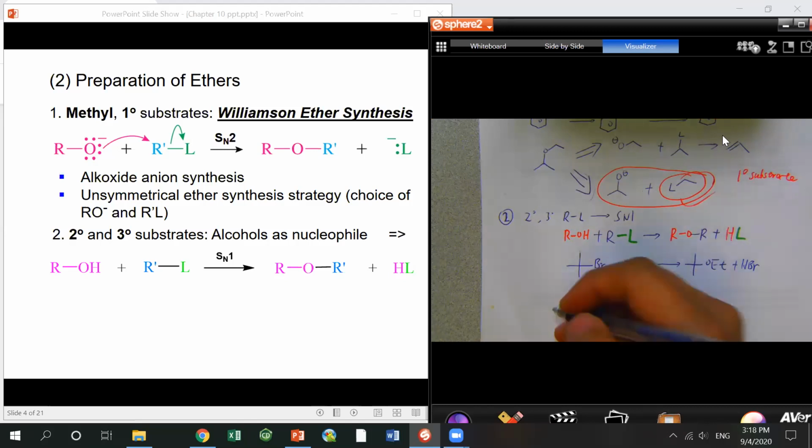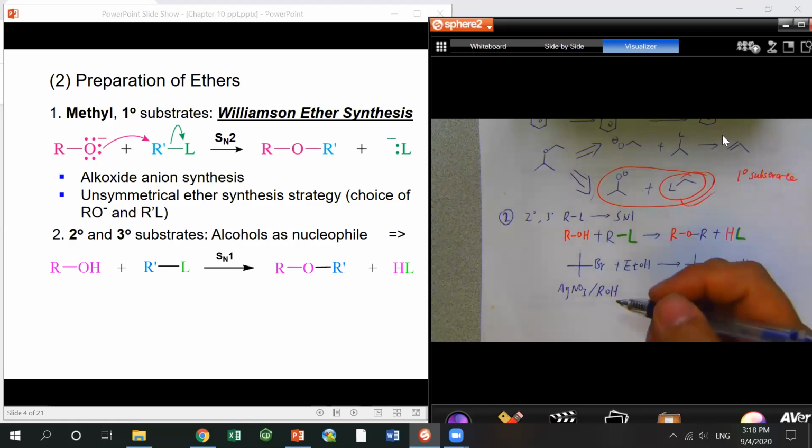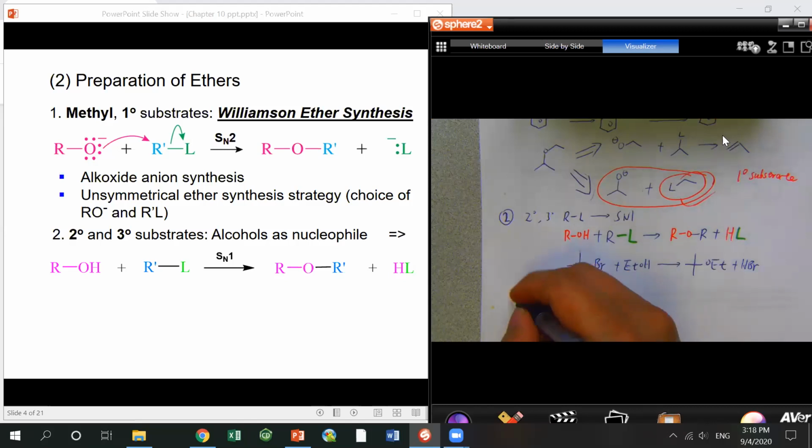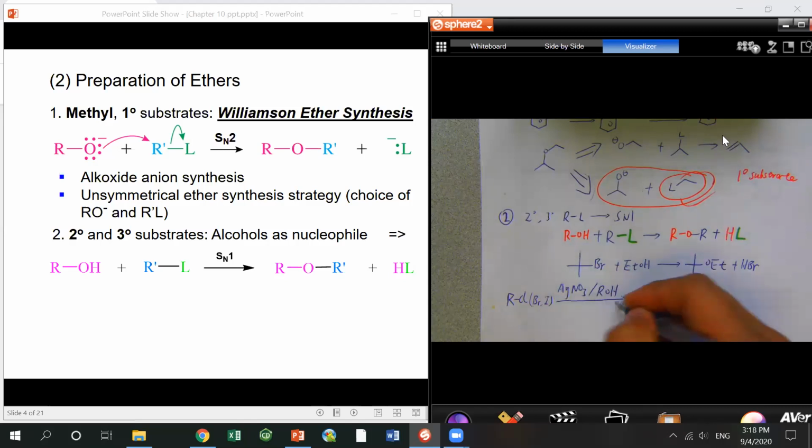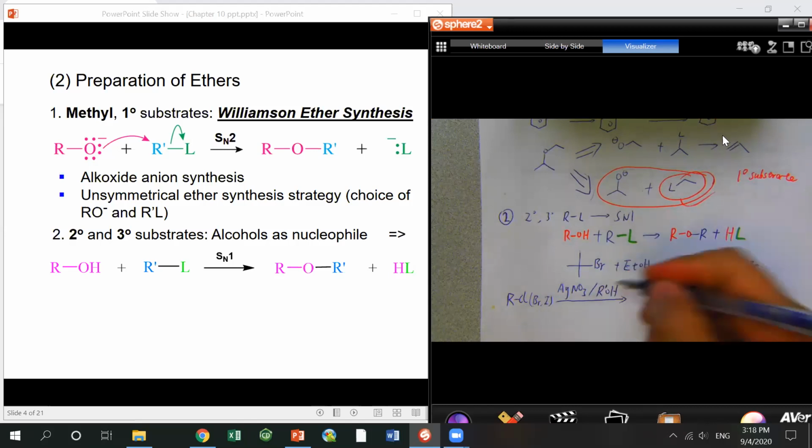So just add some silver nitrate, and then you use the alcohol. So what happens: you start with still an alkyl halide, which can be chloride, bromide or iodide, and then you use these reaction conditions. So we do apply that here.